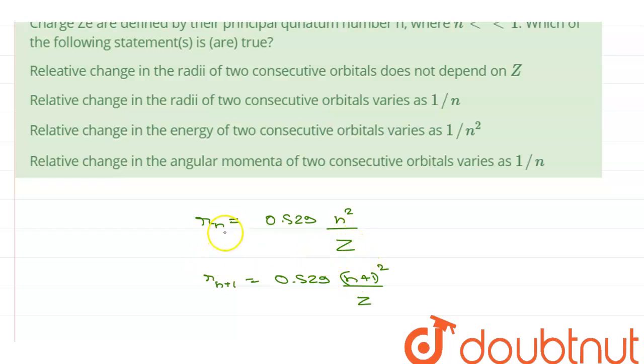Therefore the change in the value of radius will only be attributed to the change in the value of n and not on the value of Z. So the first statement is a correct statement.